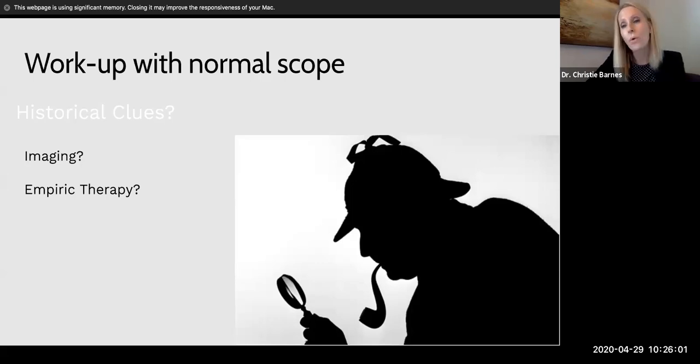That's what they've been told for almost years now. So it's really ingrained in them that they have sinus disease. So sometimes you want to consider doing imaging up front, because you can really counsel your patient and get them on the right pathway to treatment if the CT scan is normal.